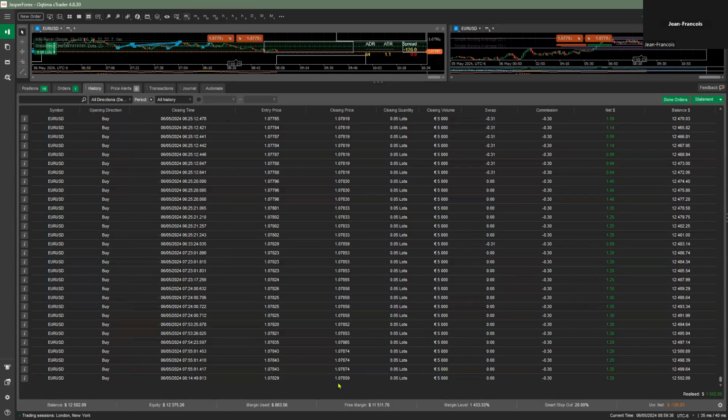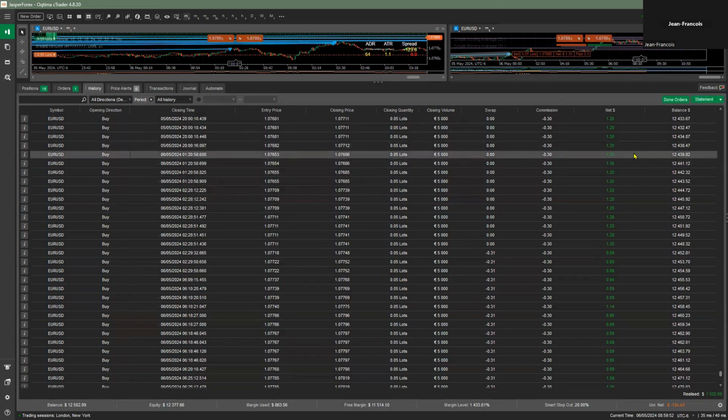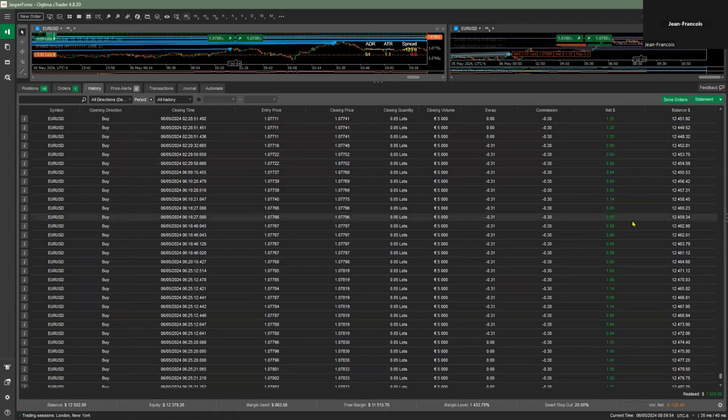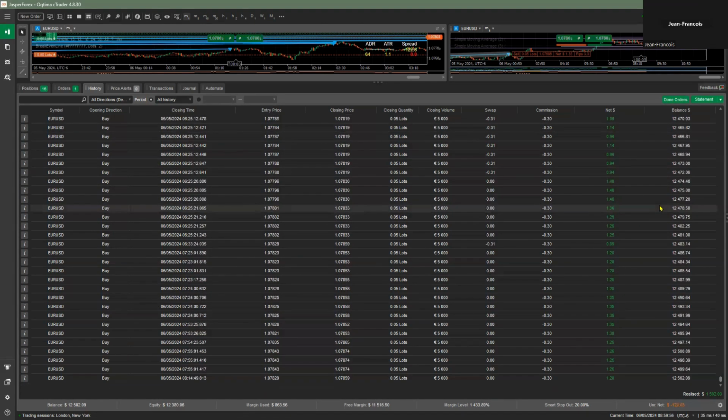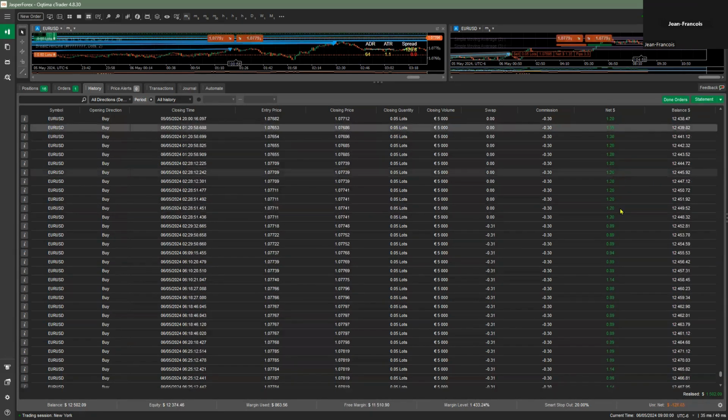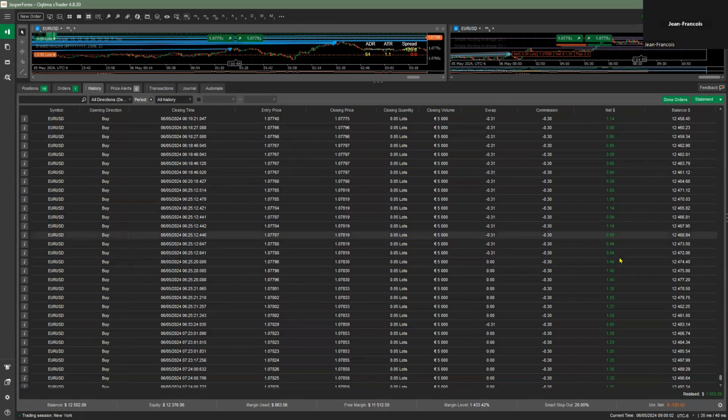This is today. 0506, 0505, 0505, 0506 is right there. So this is from today. I think we did all right. Picking up dimes and nickels in front of a steamroller.